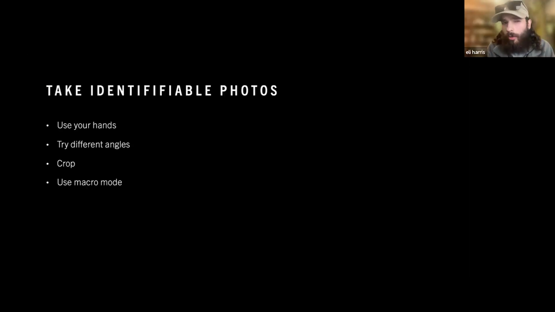One thing when you're taking photos for iNaturalist, you want to take great identifiable photos. If you take photos that are way far away, it's not going to ID well. One thing I was taught over the years is, say these reading glasses is a plant.